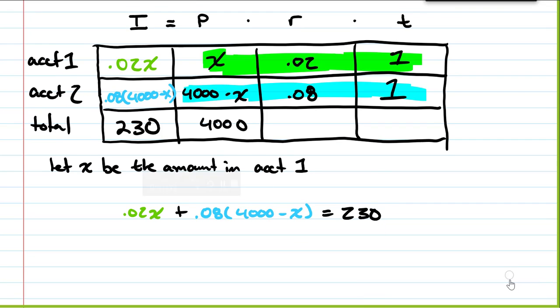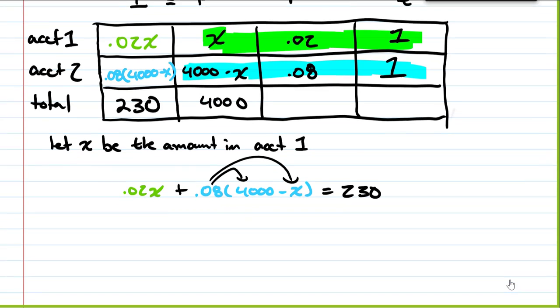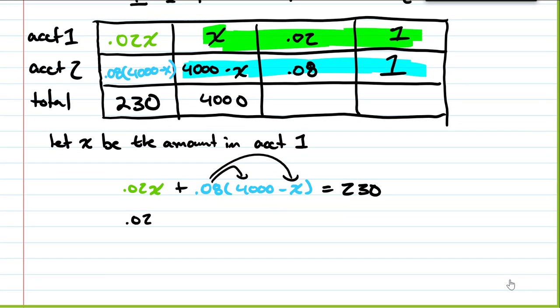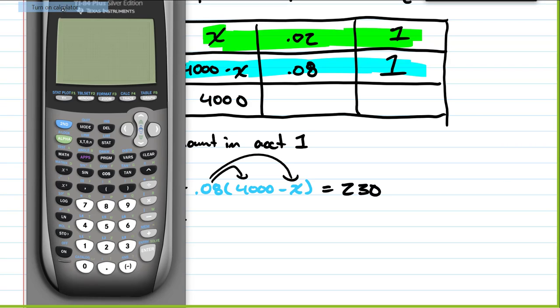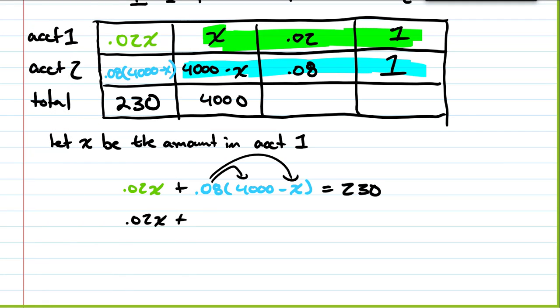All right, so now we solve our equation by distributing into our parentheses. So we have 0.02x plus 0.08 times 4,000, so 0.08 times 4,000 gives us 320. 0.08 times negative x is negative 0.08x, is equal to 230.